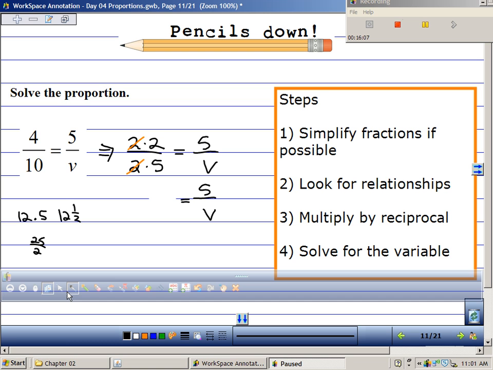I need to solve for b, but b is in the denominator, right? This is going to be a 2-step process. I want b in the numerator. I don't want b in the denominator. How could I get b in the numerator?